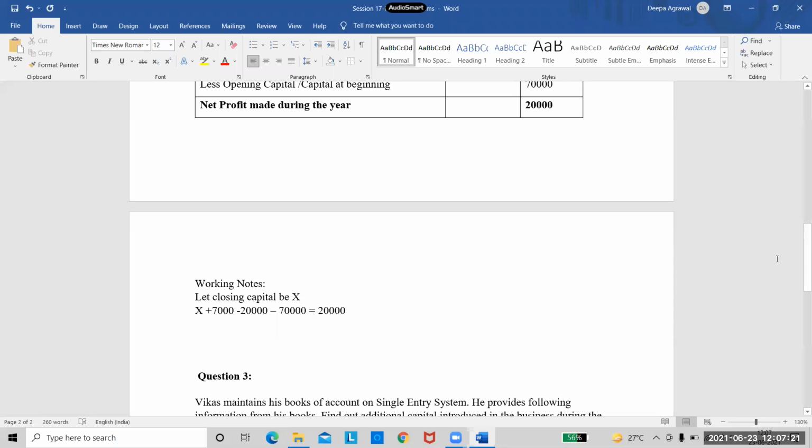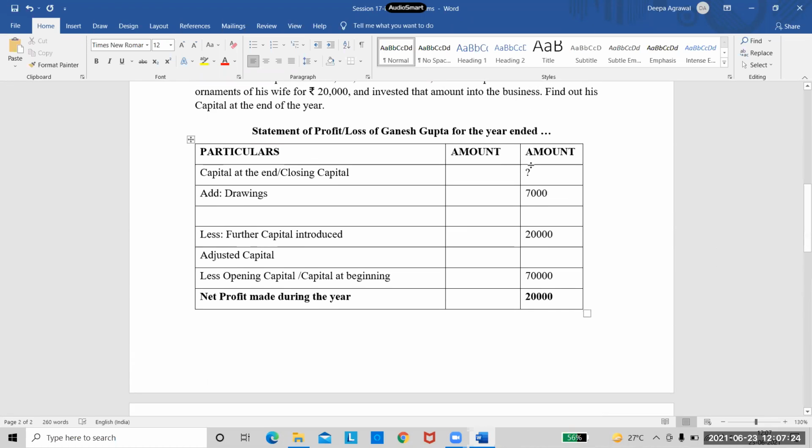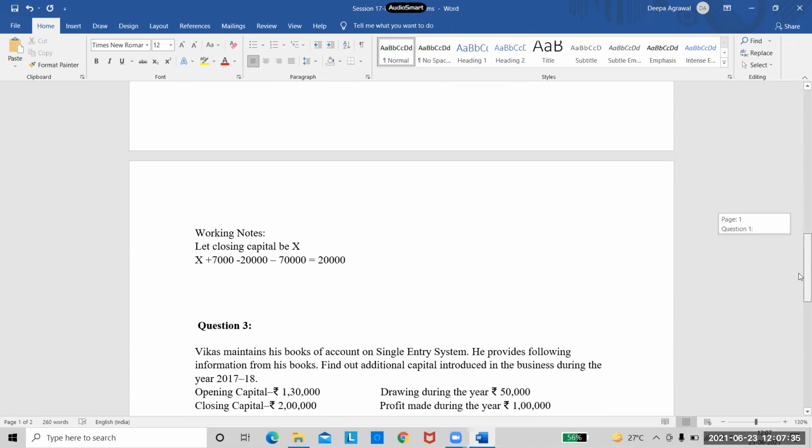I'm assuming that my closing capital is X. That means this amount is X. So to X, I'm adding drawings, so plus 7,000 minus 20,000 minus 70,000 gives me 20,000. Did I take everything? Yes. So X plus 7,000 minus 20,000 minus 70,000 equals 20,000.